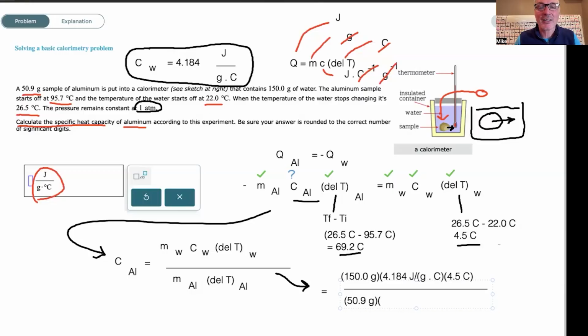What is the delta T? That's where the negative was, right? And I didn't put it up above. That's a bummer on my part. Sorry about that. 26.5 minus 95.7. Last I checked, that's a negative number, right? So this is going to be negative 69.2 degrees C.